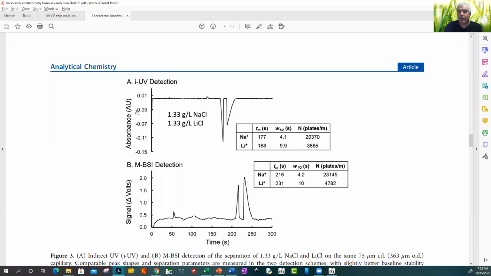is negative UV absorption peaks. What does a negative UV absorption peak mean? Who can tell me just on the face of it what negative UV absorption means? Or who can tell me what positive absorption means?